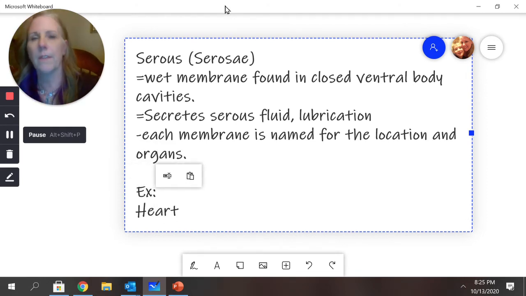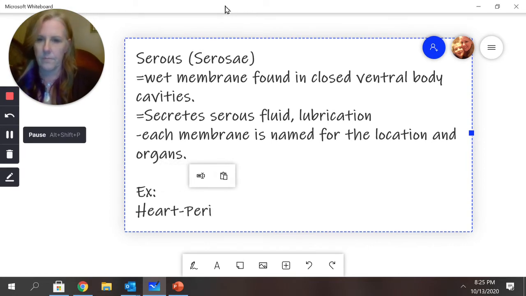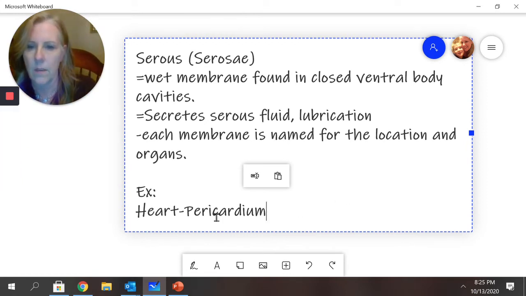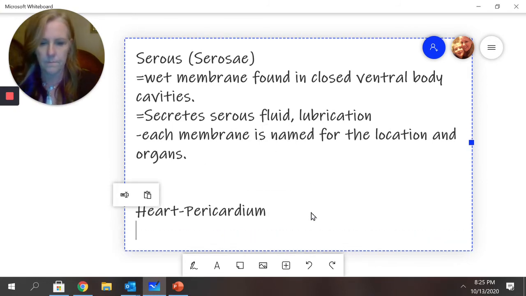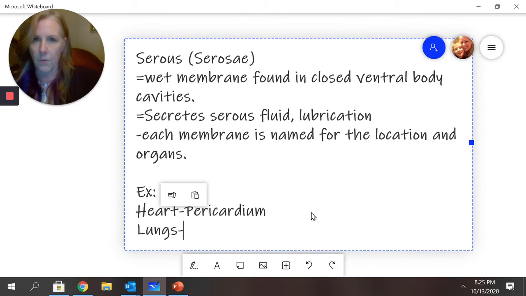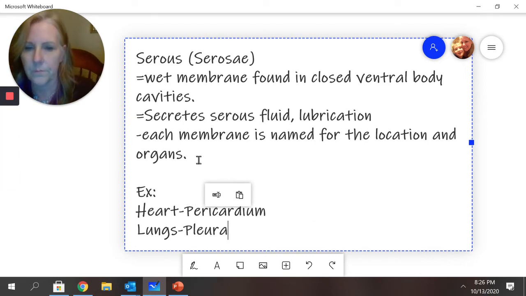There is a serous membrane that surrounds the heart, and the name of that membrane is the pericardium. Peri for surrounding, cardium, the heart. There is also one that surrounds the lungs, and we call that one the pleura.